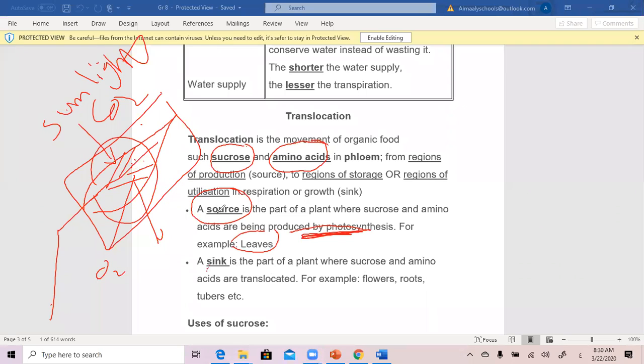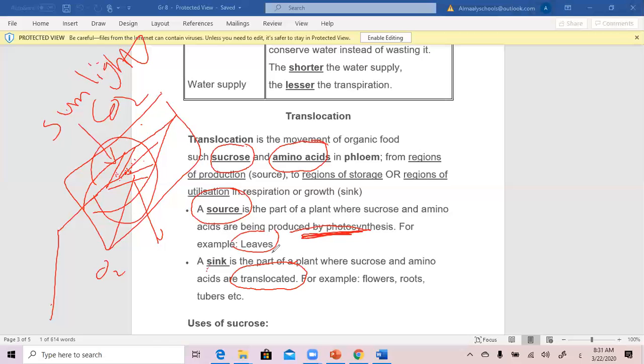I will repeat another time. What is the source here? The source is the part where sucrose and amino acid and nutrients are being produced. The sink is any part the food goes to, the part of a plant where nutrients like sucrose and amino acid are translocated.